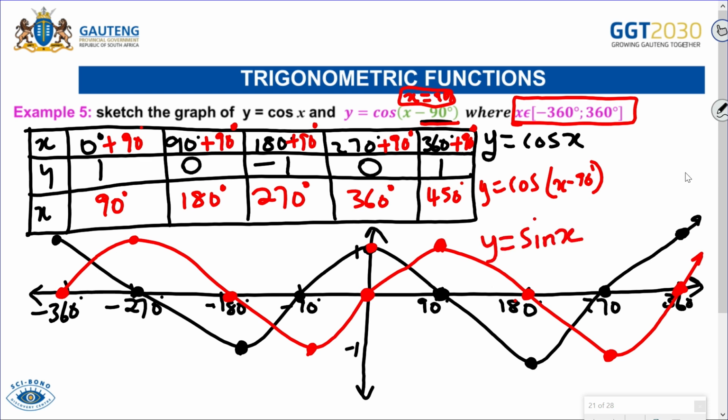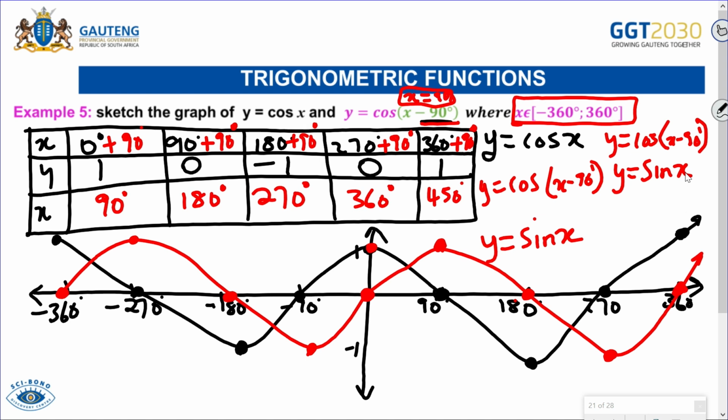If you remember, in the previous examples, the graph of y equals sine x looked exactly like that. So if you have y equals cos into x minus 90, because it's a cofunction, it's going to change to y equals sine of x. You see? So your graph is going to look exactly like that.